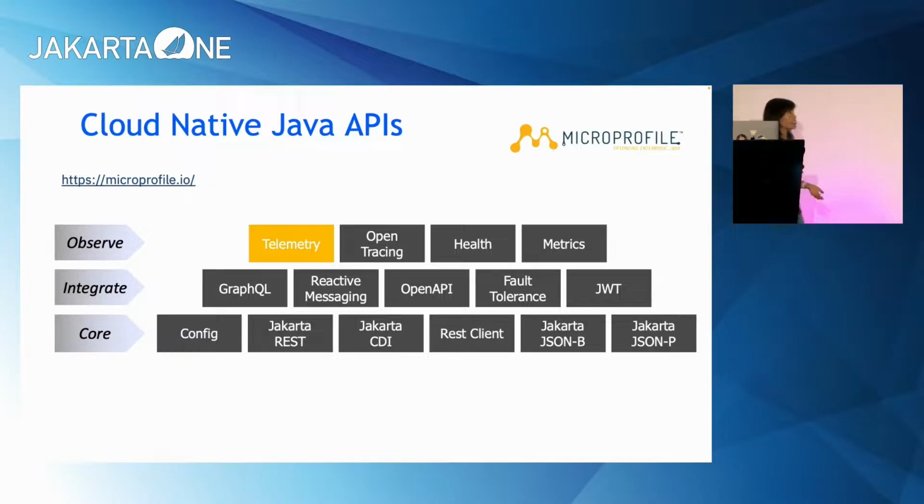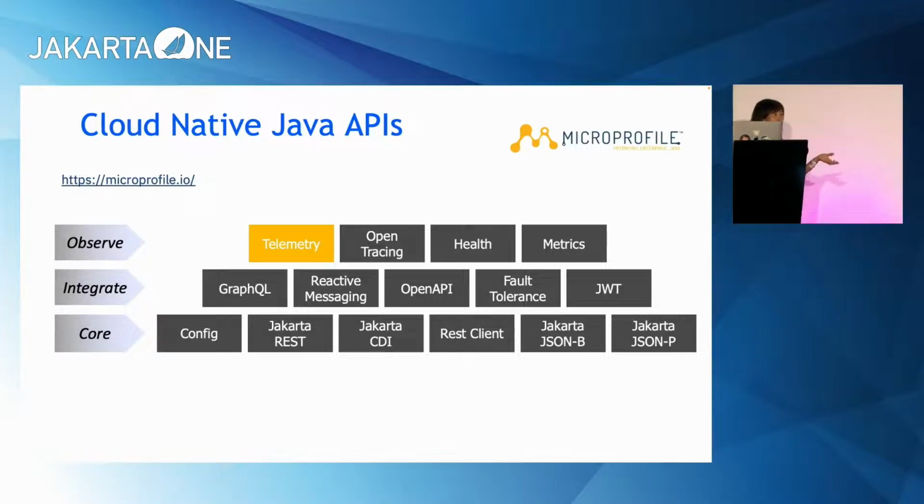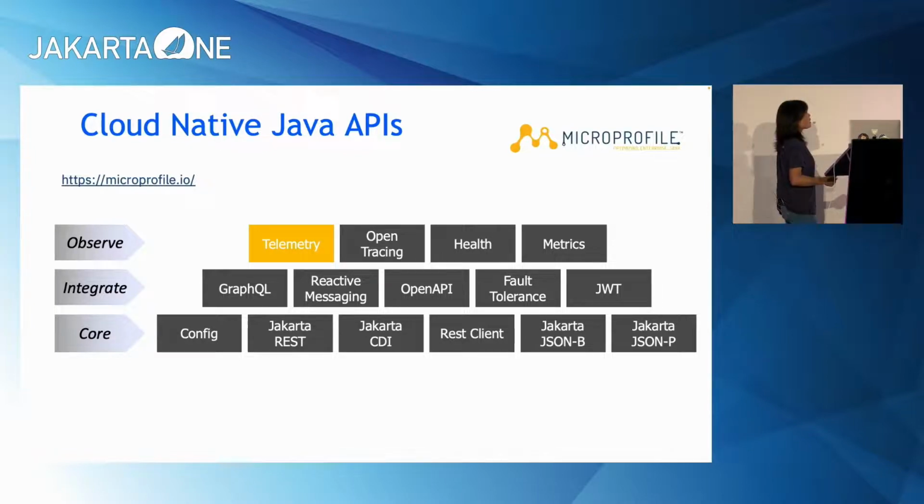That's fine. And also the config directly implements the 12-factor app, basically externalizing your configuration. And then you use OpenAPI to document it, and you use MicroProfile Fault Tolerance to make it resilient. You use MicroProfile JWT to make it secure.